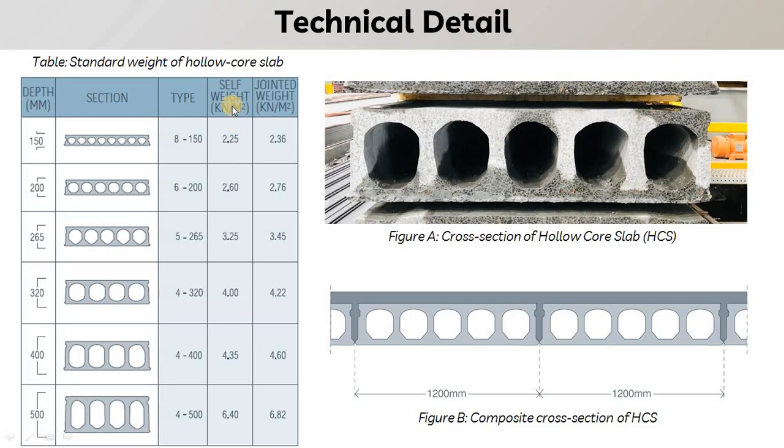Here it shows the self weight of this slab in kilonewton per meter square, and here it shows the joint weight. What is joint weight? This part is known as the joint. The joint between two hollow core slabs is poured with a special grout, and that joint weight is considered to be 2.36 kilonewton per meter square for 150 mm thick hollow core slab.